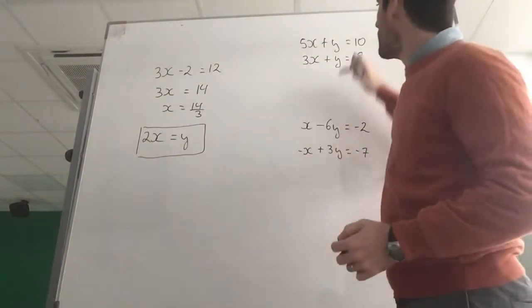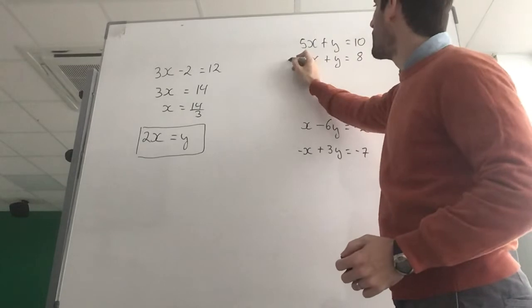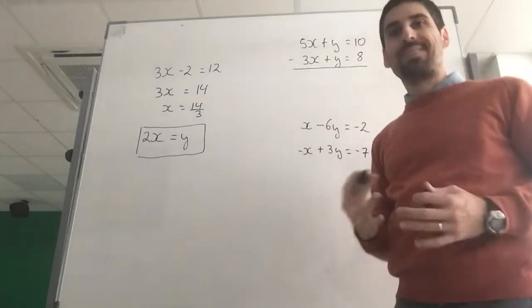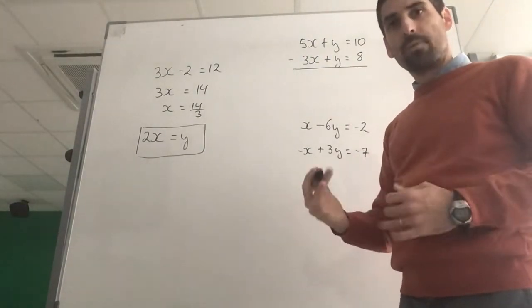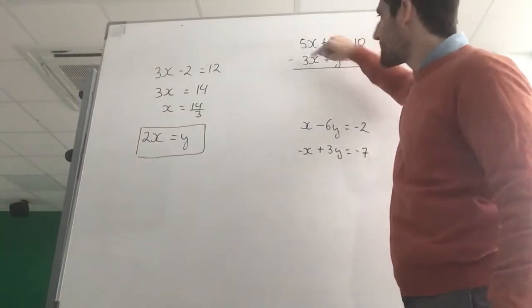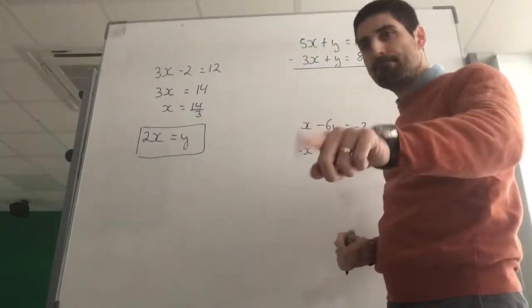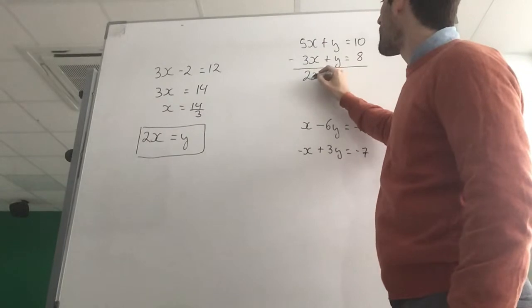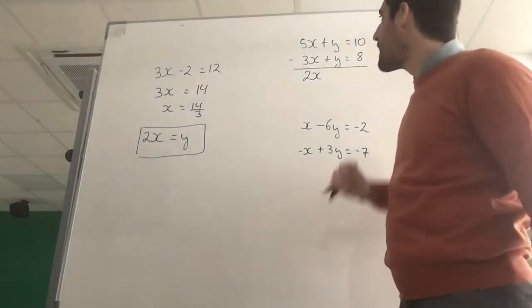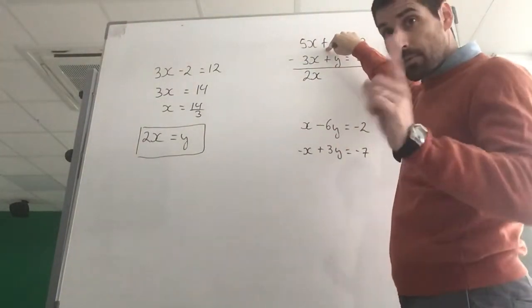And now, because the signs are the same, I am going to take away one equation from the other. 5x take away 3x, 2x. Positive y, be careful with the signs.